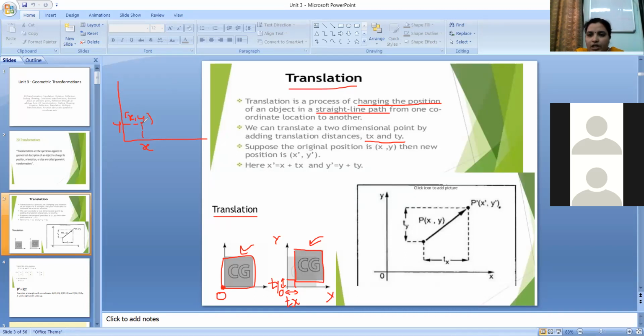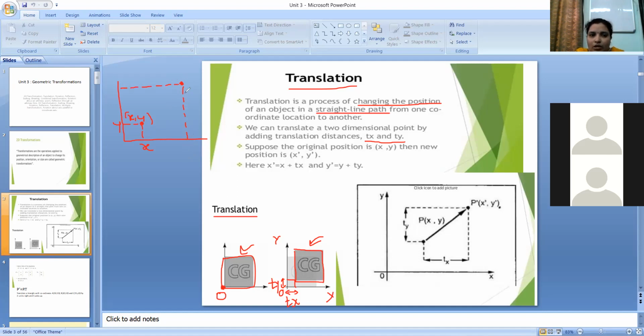Now I want to change its position. I want to change the point to a new location. Let us suppose this is the new location of the point. So earlier the point was here and now I have changed it to a new location. So there is displacement along the x-axis and surely there is displacement along the y-axis.